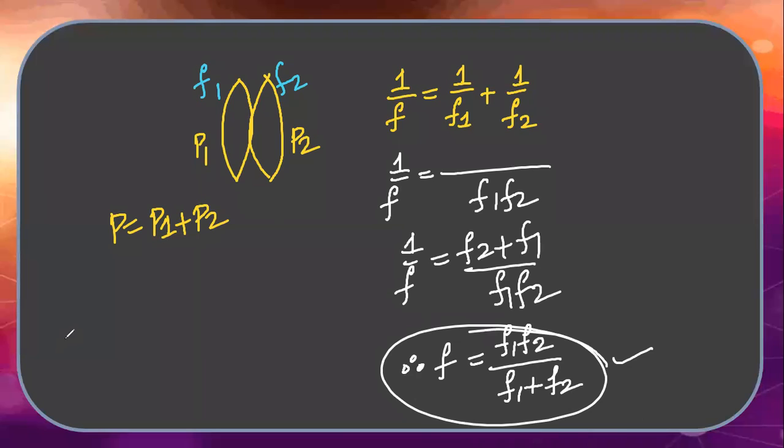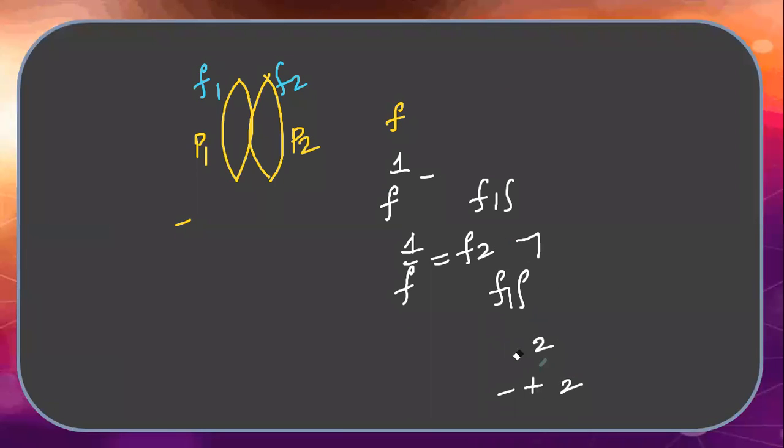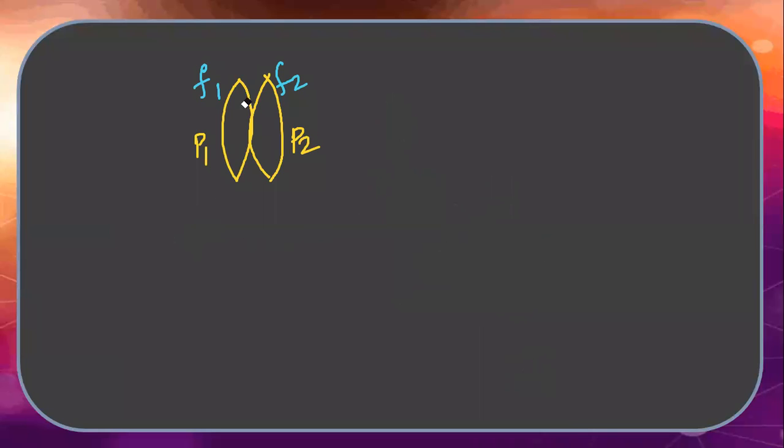Let us suppose the focal lengths of the two lenses are given and we are asked to calculate the effective power. We can use the direct formula. For two lenses kept in contact with focal lengths f1 and f2, power P is equal to 100 divided by f1 plus 100 divided by f2. This is the case.